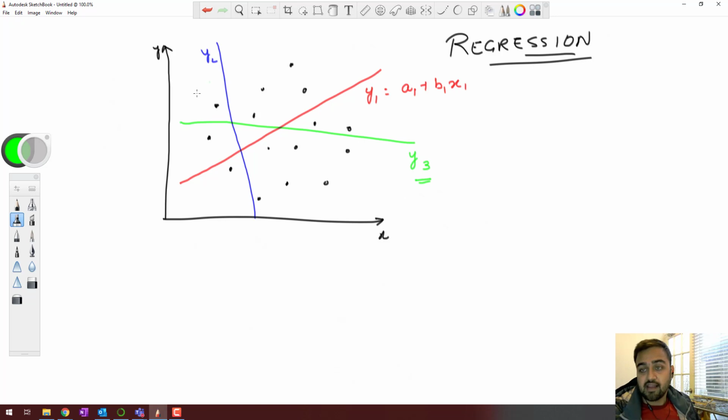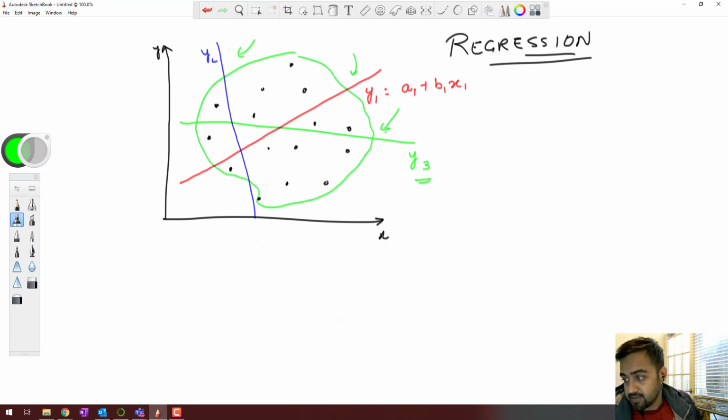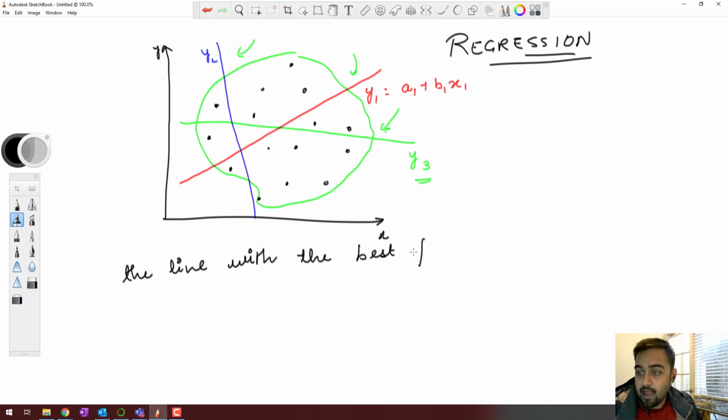All right, so there'll be different lines which basically represent these set of data points, but we want the line with the best fit, right? How to get the line with the best fit?